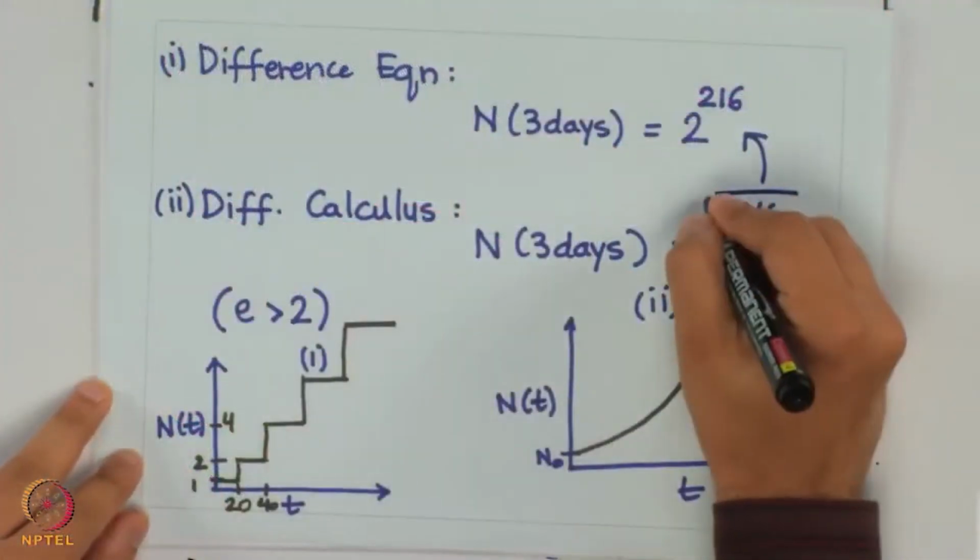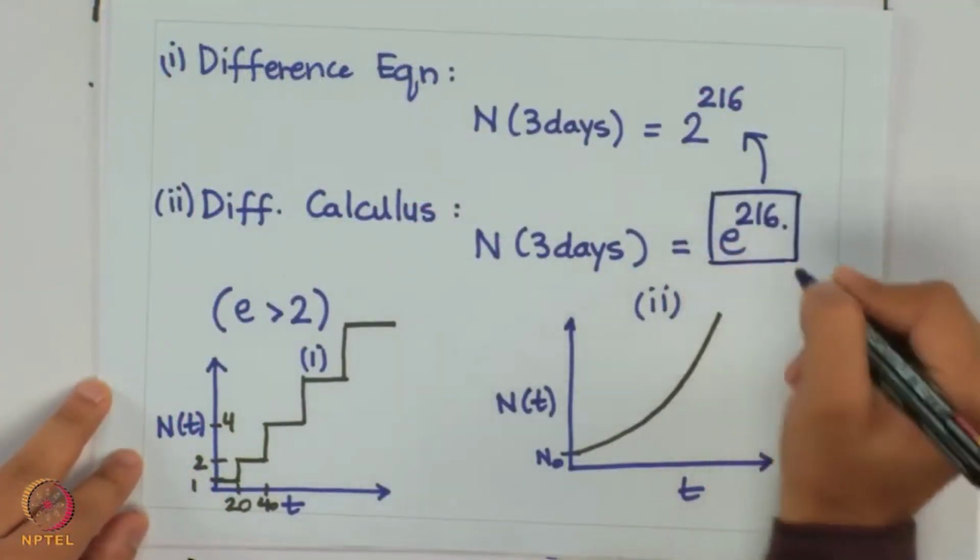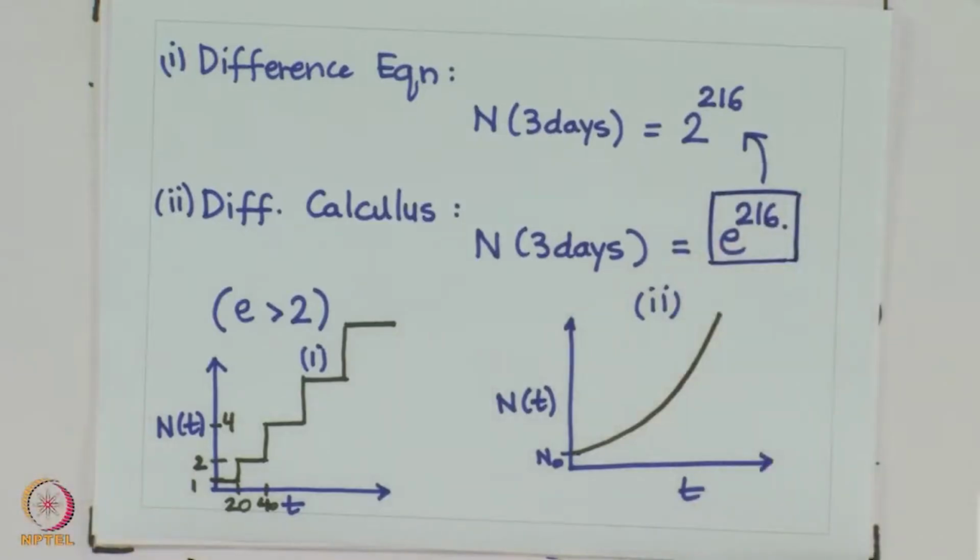Some bacteria are going to lag in division and take slightly more than 20 minutes. That natural variation is a fundamental property associated with all bacterial species, and hence the differential calculus approach is very representative of what actually happens in a growth process. And this answer, although it's larger, is much more representative of what E. coli numbers would be if allowed to grow unconstrained for 3 days.